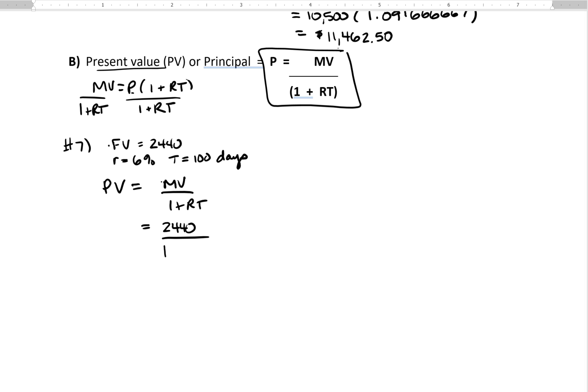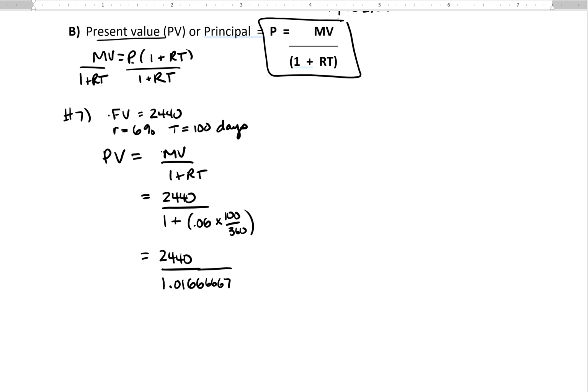So we're going to take and go 1 plus rate times time. Well, that's a rate of 0.06, 100 days, ordinary time, so over 360. And you just work your way through. That is 24.40 divided by 1.0166. And again, don't round in your calculator until the very end.